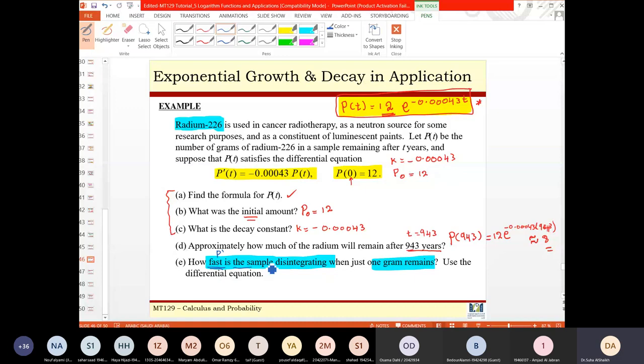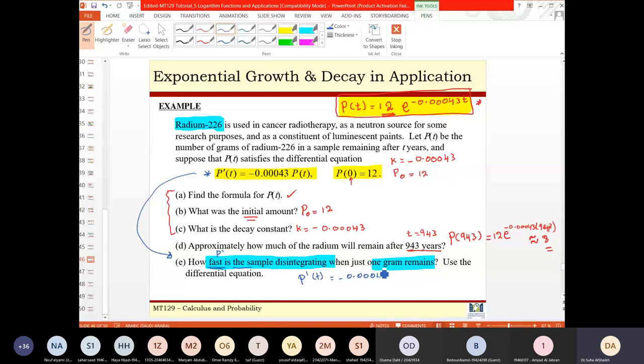So when just 1 gram remains, I'm going to use the formula that has the P dash. I know that P dash at T is equal to minus 0.00043 times P of T, and they said that 1 gram remains, which means P of T is equal to 1. So I substitute P of T with 1.